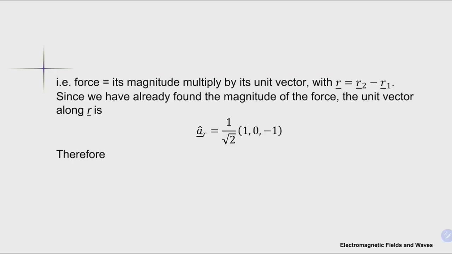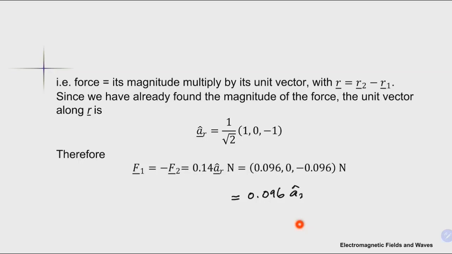In the full vector, you can write this as equal to 0.096 unit vector x minus unit vector z newtons. Or in your maths, you would say this is i, and this will be k.